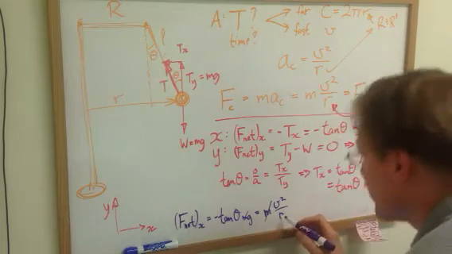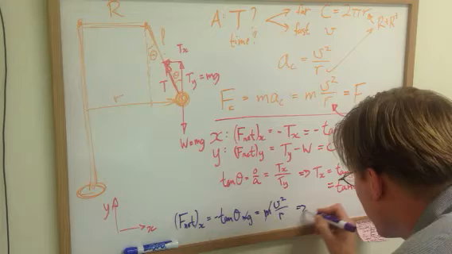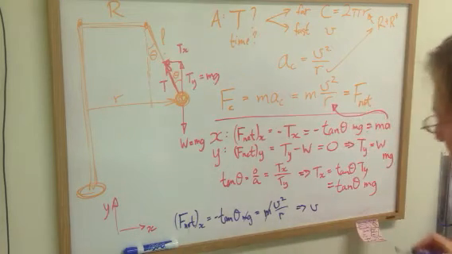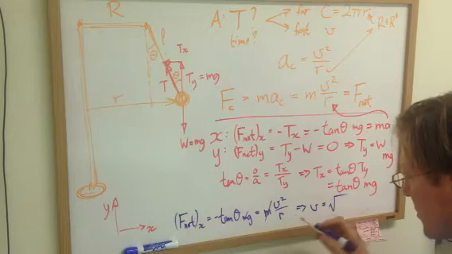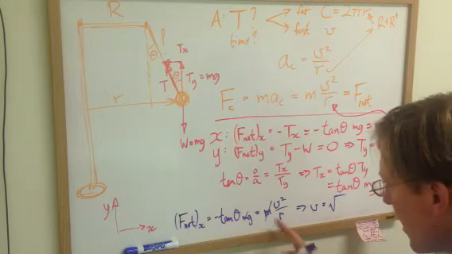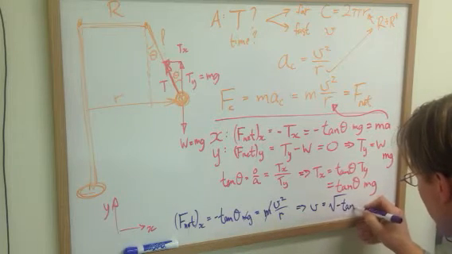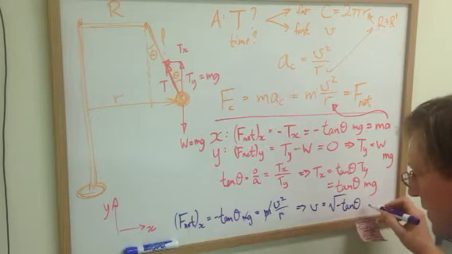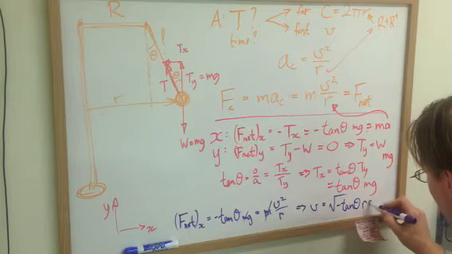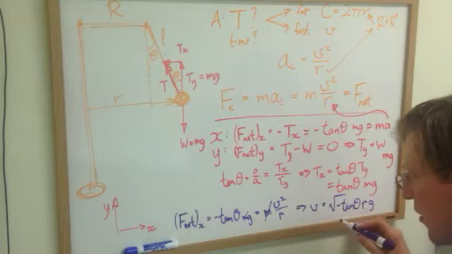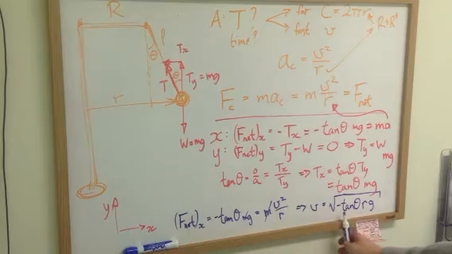Radius, I can multiply and then take the square root. So velocity is equal to the square root of negative tan theta radius g. That's it.